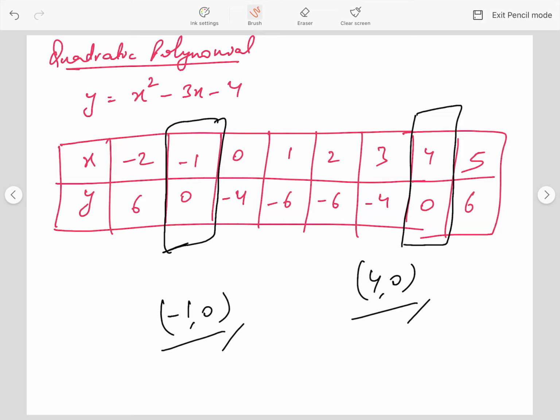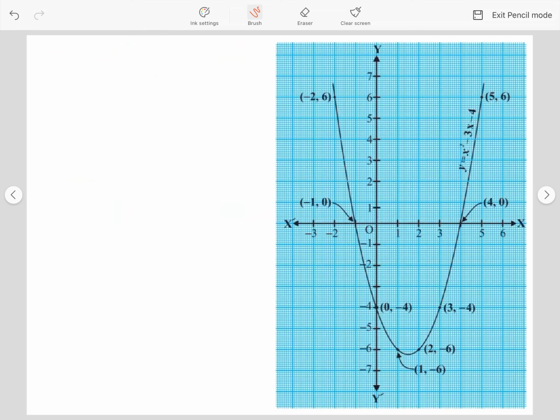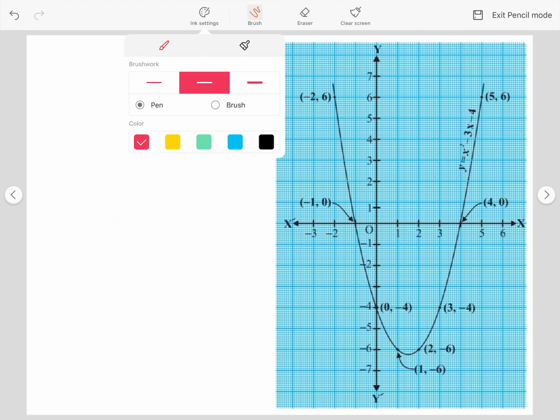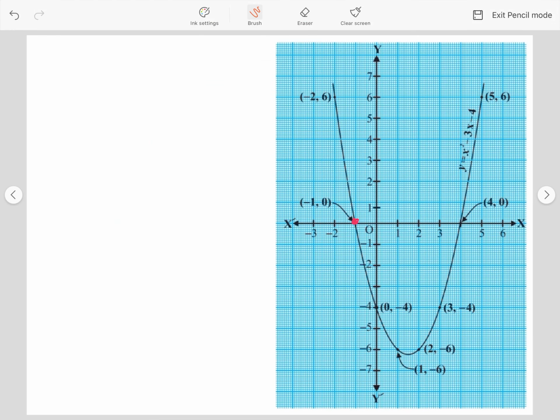So when we put x equal to -1 and when we put x equal to 4, only in these 2 cases we will get the value of y as 0. So that means these 2 are the zeros of the given polynomial, as we can see in the graph also. See, this is point A and this is point B. These are the 2 points where the line is crossing the x-axis.